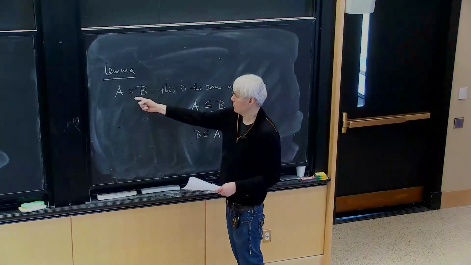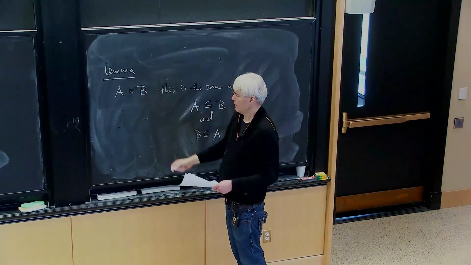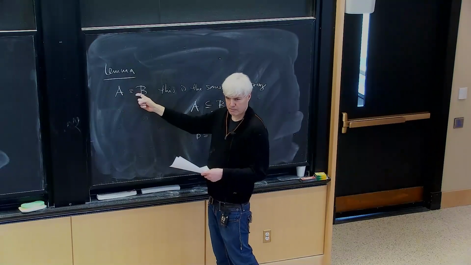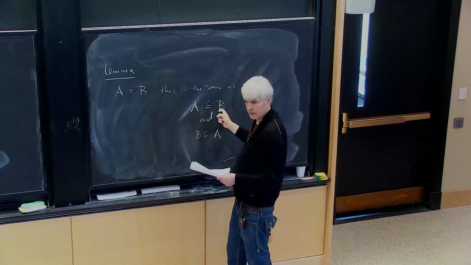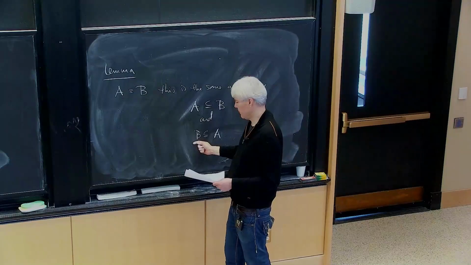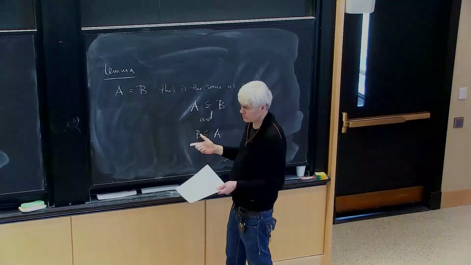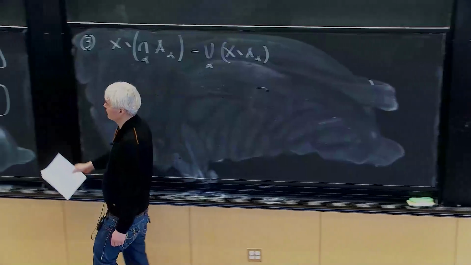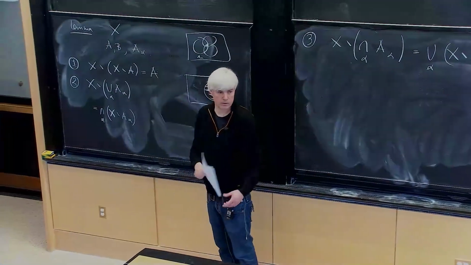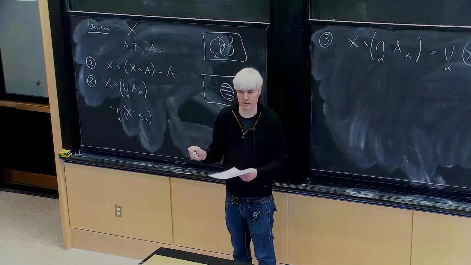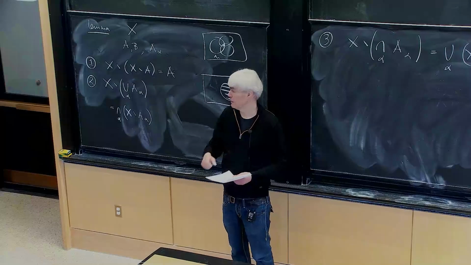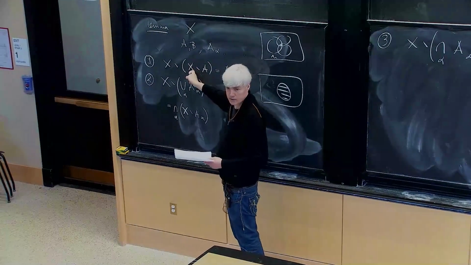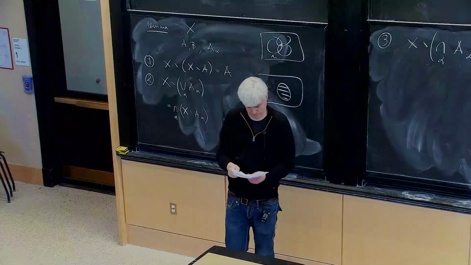So you would prove that for any element in A, it's also in B. And you would prove that for any element in B, it's also in A. And so when I wrote out the proof of these three things, each of them has two parts: you prove that this set is contained in that, and you prove that this is contained in that. Okay.